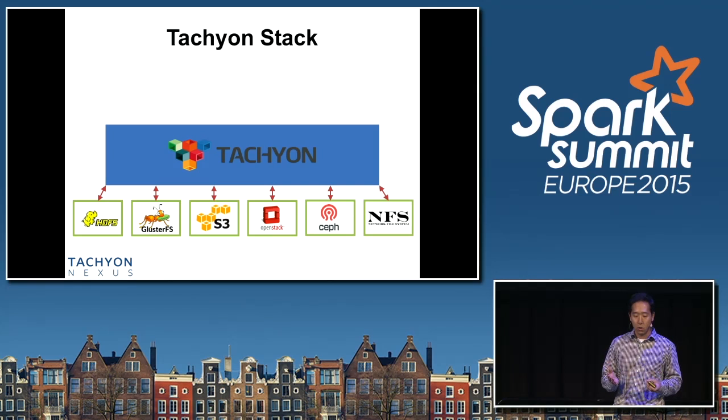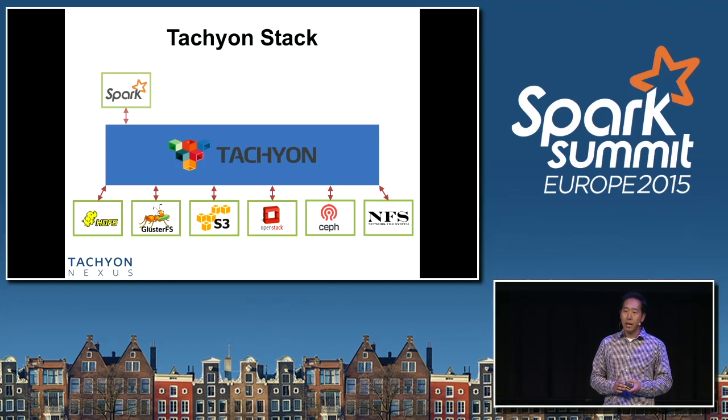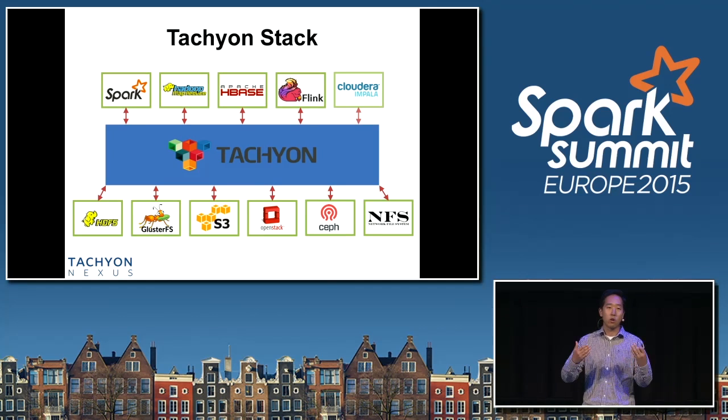These include HDFS or S3. Tachyon is the memory-centric layer that sits above them. It also sits below some frameworks that you already have running today, such as Spark and MapReduce. So Tachyon is the memory-centric storage layer between your computation frameworks and your storage layer.